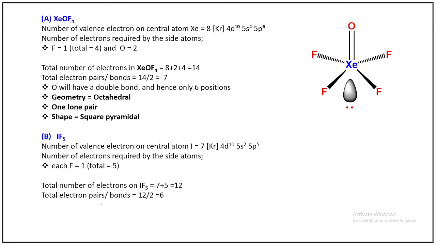And hence the total electron pairs will be 6. 6 means what will be the geometry? Octahedral. And since there are 5 fluorine, 1 position will be vacant. So 1 position will be a lone pair and hence the shape will be square pyramidal. Correct. Good.